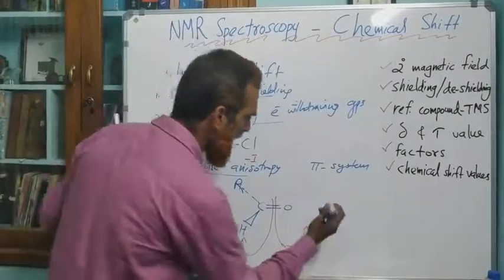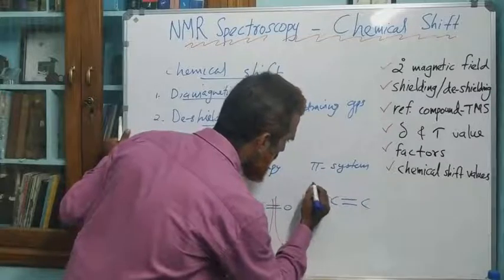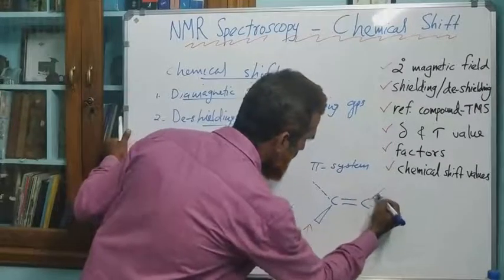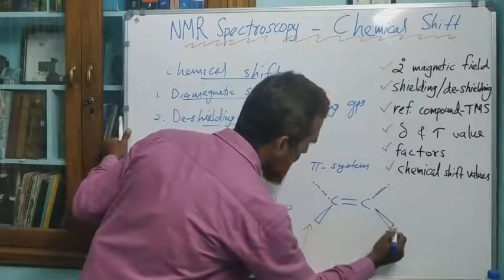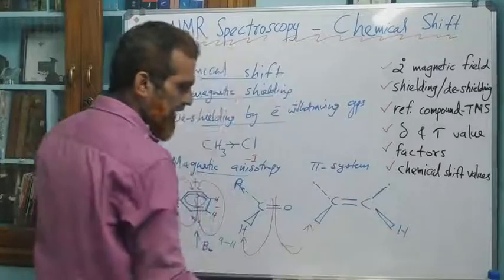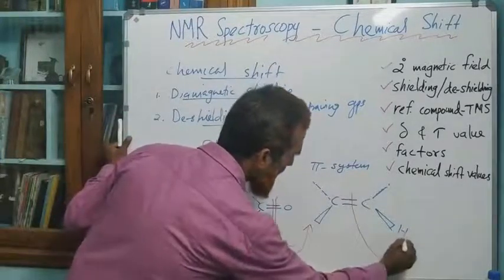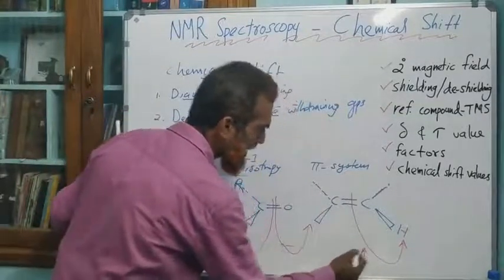Same thing happens in the case of alkenes. See, if there is a vinylic proton, for example, let me show one proton here. This also will have a secondary field, which when it comes to the proton is in the same direction as the applied field.